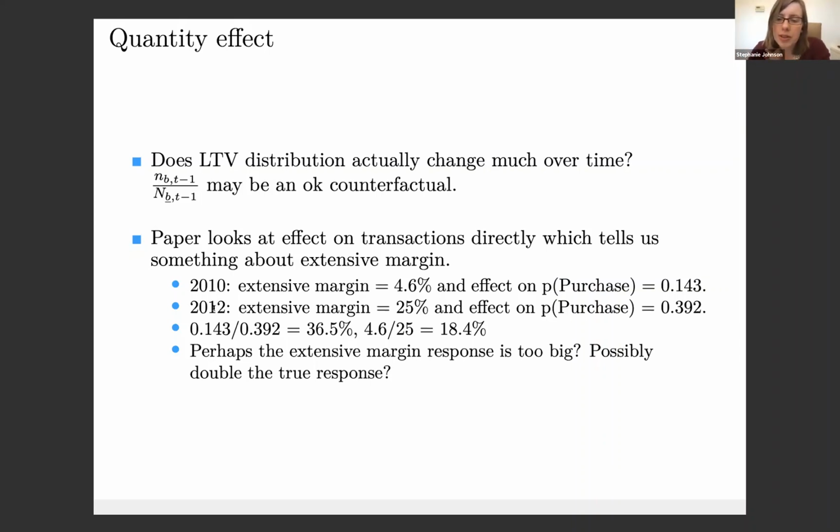But when you look at these purchase probability effects, it seems like it's definitely bigger, but maybe not that much bigger. I'm not sure if I'm thinking about this the right way, but it's possible that you can use this other analysis to complement the quantity analysis.